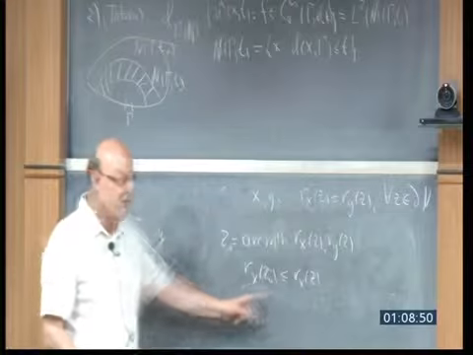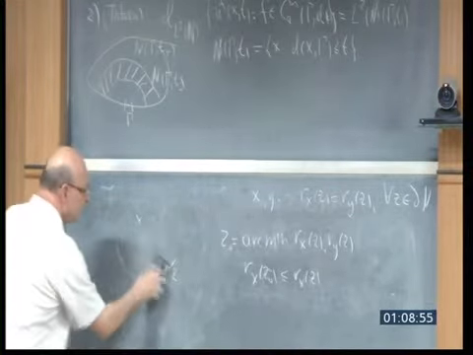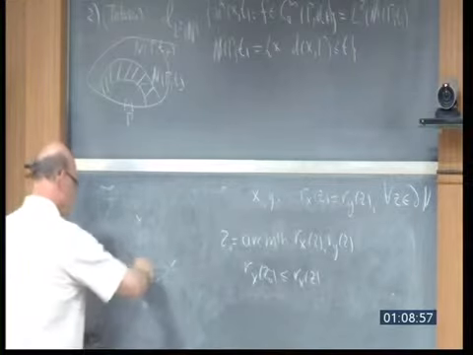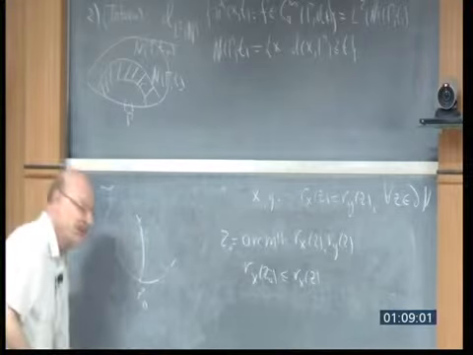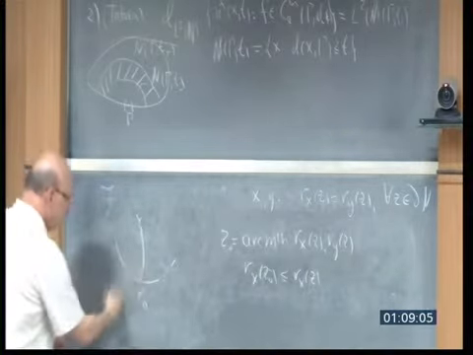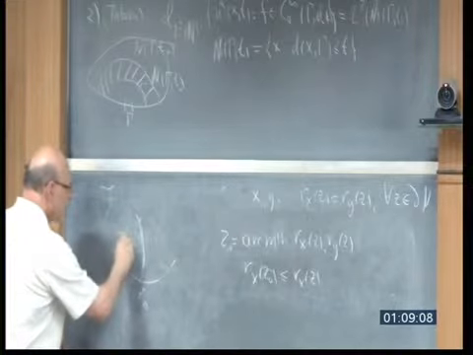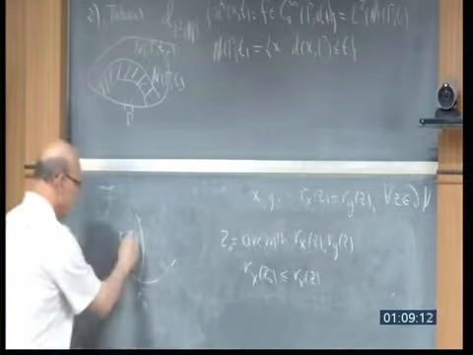Okay? So therefore, x lies on the normal geodesic from the boundary, from the point z0, at the distance Rx of z0. Correct?